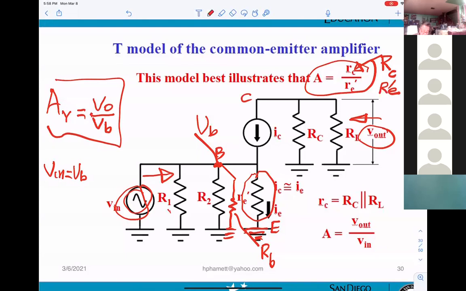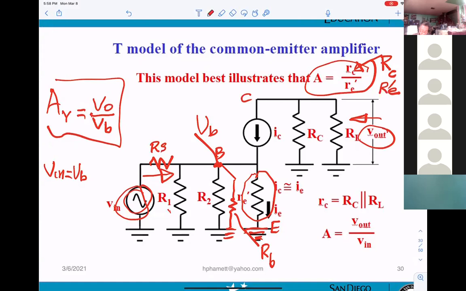I can tell you. If you get one resistor here, they call it RS, for example, then VB and V in are not the same. You will have to use the voltage divider to calculate the VB.